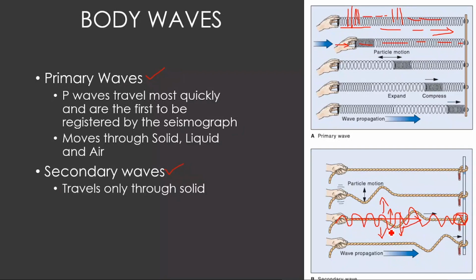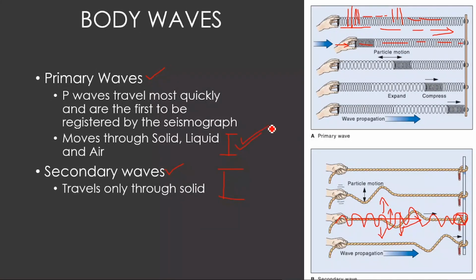These are the two different varieties of body waves, primary waves and secondary waves. One important aspect to note here: the primary waves move at almost double the speed of a secondary wave.